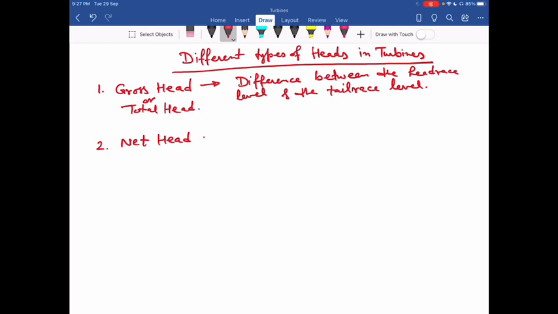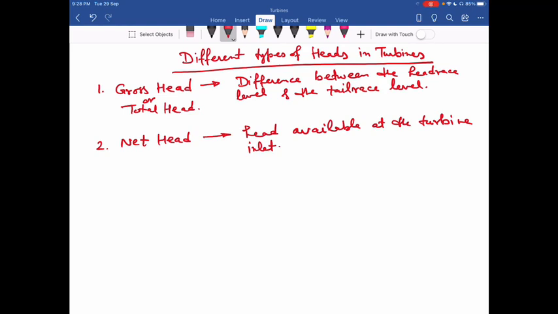Okay, then the net head is the head available at the turbine inlet.